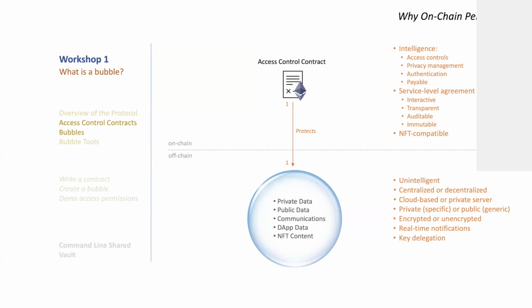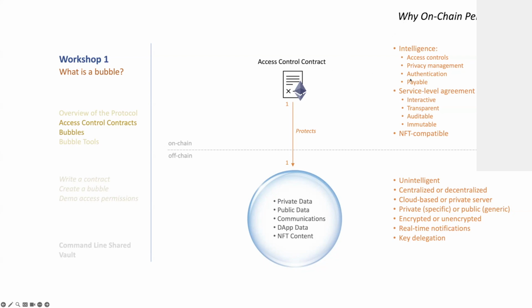They can host any bubble for any application. And your on-chain access controls, of course, with all the benefits of being transparent and interactive, are a perfect way to manage privacy and exposure of your data.